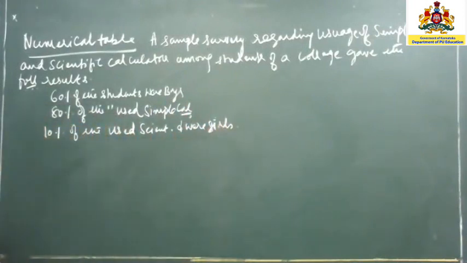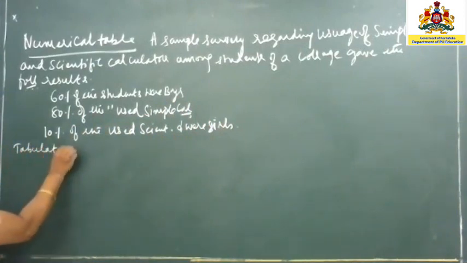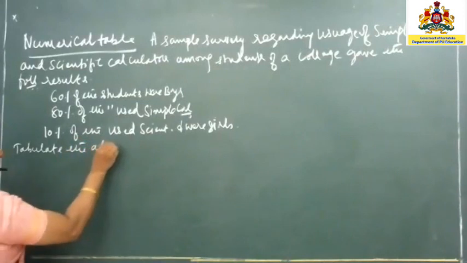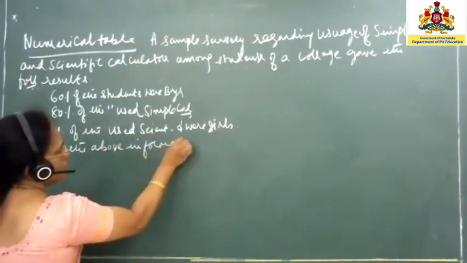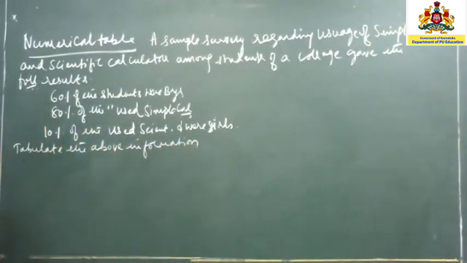Okay. Tabulate the above information. Now, are you able to make out the difference between a blank table and a numerical table? Or you do see certain numbers here.